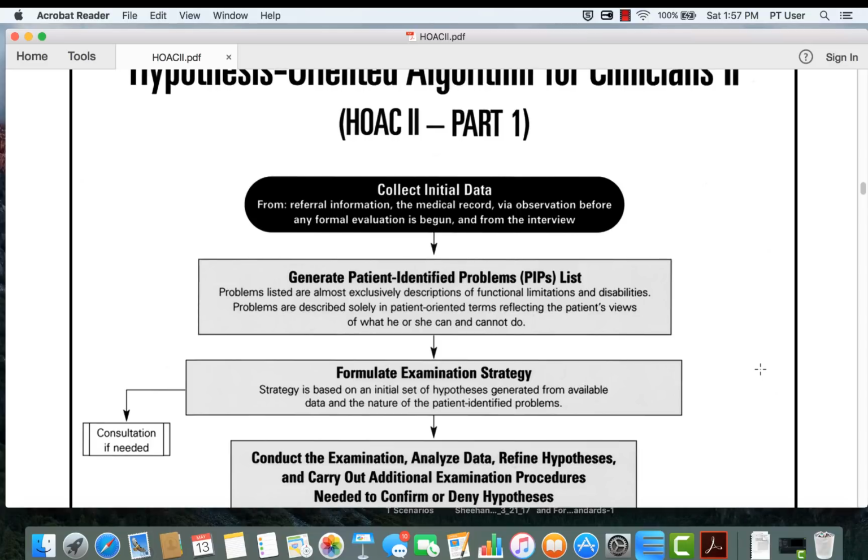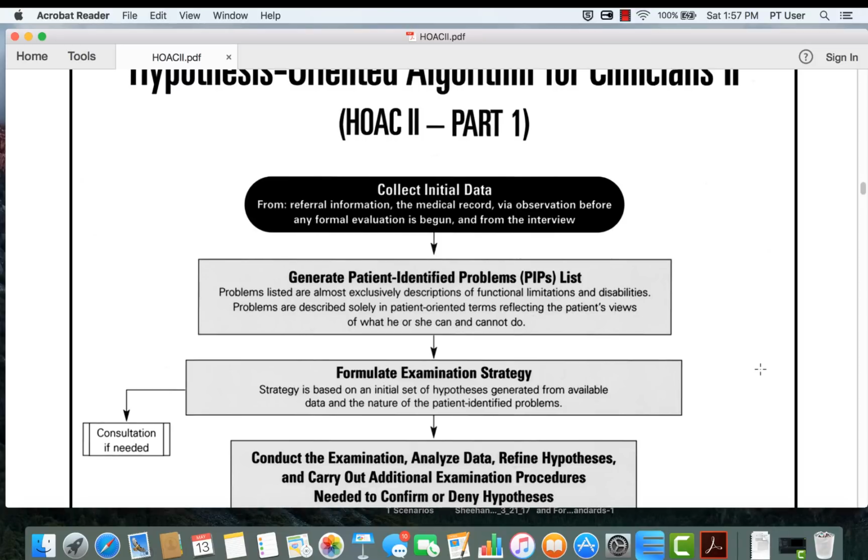But we need to first look at things from a functional standpoint and from a disability standpoint. So let's review the first two boxes, and then actually I think it would be a good place to break for this first component of the video, and then we'll pick up with formulating examination strategy.